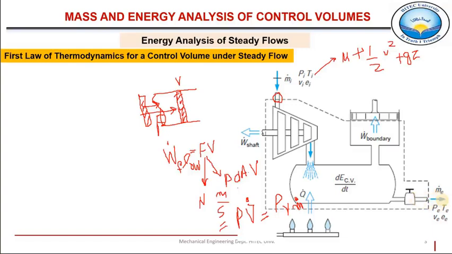So now when it is leaving, it will have a new u, new half V squared, new gz, and new PV m dot product, because now the same push is experienced by this fluid which is leaving the system boundary, because there is a push behind. These are the fluid particles. Why are they flowing in this direction?